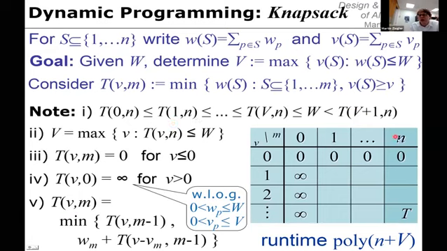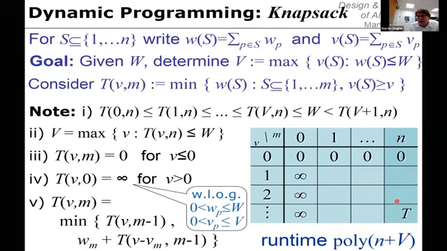So we're looking in the rightmost column for the first entry that just barely satisfies the weight constraint, and the row index V, that's actually the optimal value we're looking for.